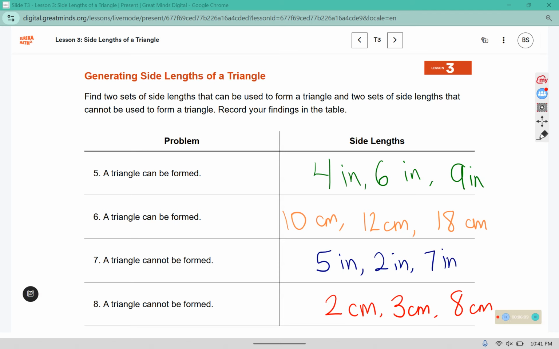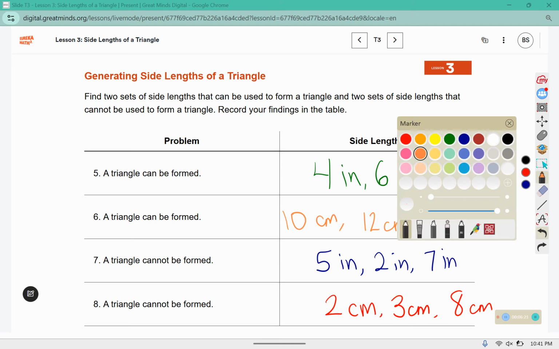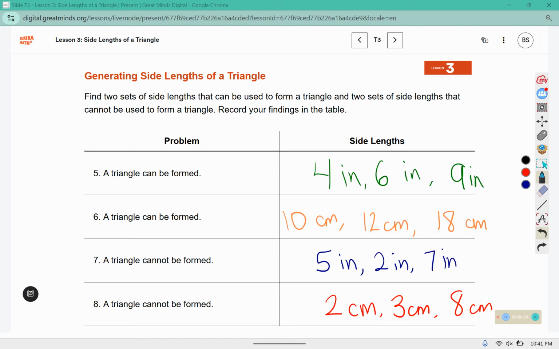Here were the side lengths that I found to form a triangle and not form a triangle. Do you think there's a way that we could easily check whether the side lengths would form a triangle without having to use noodles or straws? Well, we know if we have a really long side and the 2 pieces coming off of it are too short, it won't make a triangle.